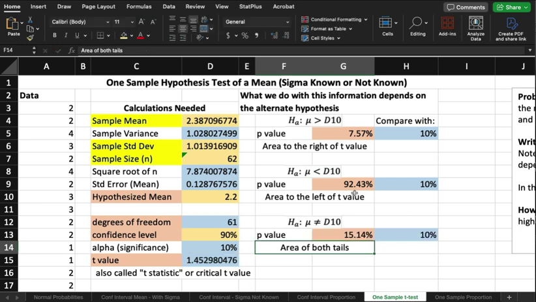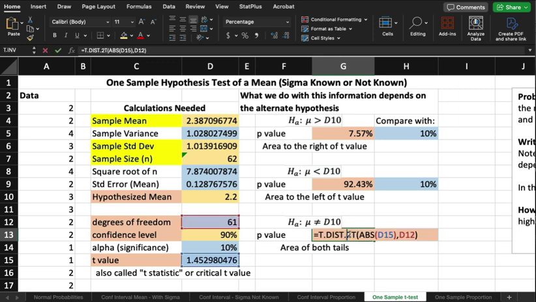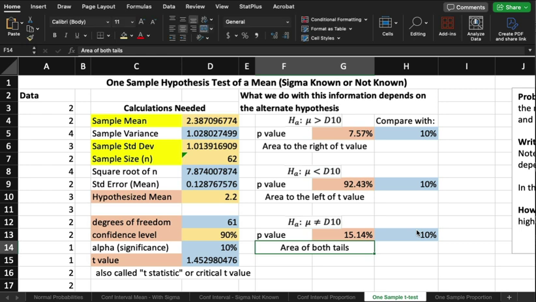If you get an error, then maybe you forgot a parenthesis or you put it in the wrong place, but it just needs to be exactly the same as what you see here. Make sure that you're referring to the cell that has your t statistic for the absolute value. And then the second thing after the comma, we need our degrees of freedom. So just make sure that you have everything typed in exactly that.